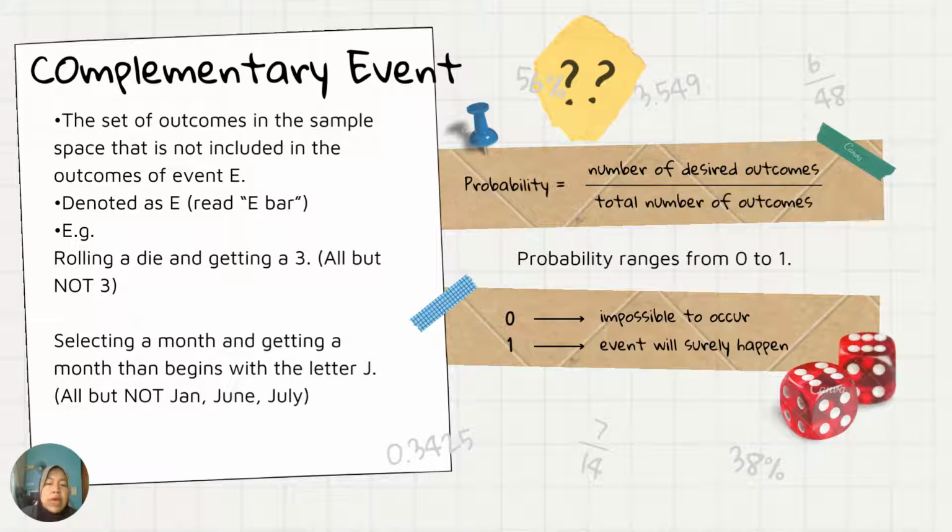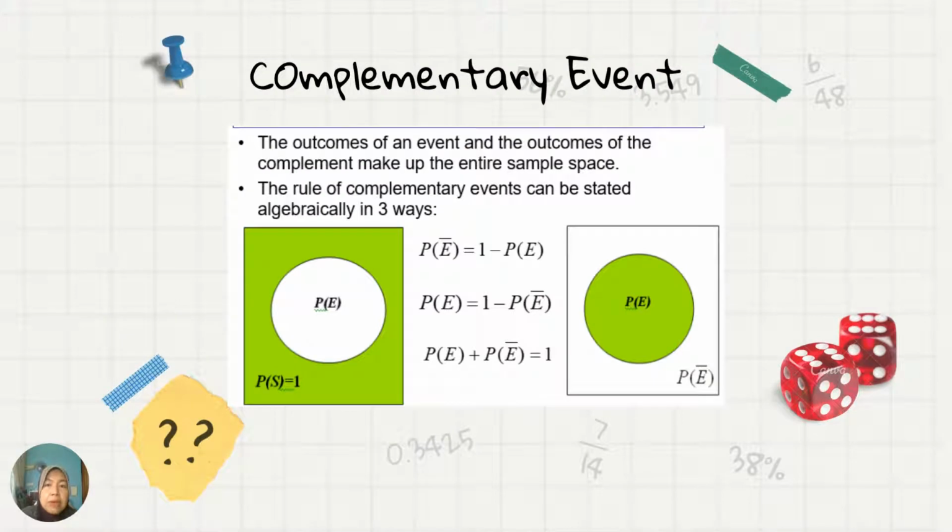Okay, we can present it through a Venn diagram. We also can present the complementary event through a Venn diagram, either like this or like this. So they have three ways. The rule of complementary events can be stated algebraically in three ways, algebraically meaning in a mathematical statement.